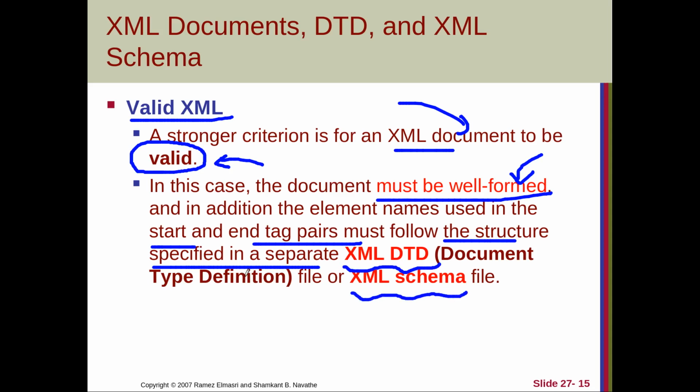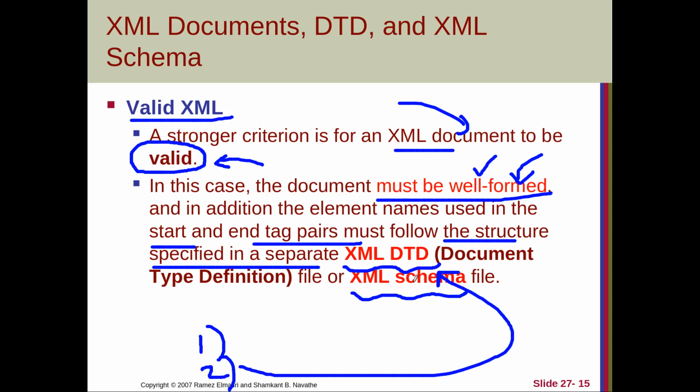So when can we call an XML a valid XML? The first point is it must follow the well-formed XML format. It must be well formed. And the second thing is it must follow some conditions that are already written and stored as a separate document called an XML DTD.